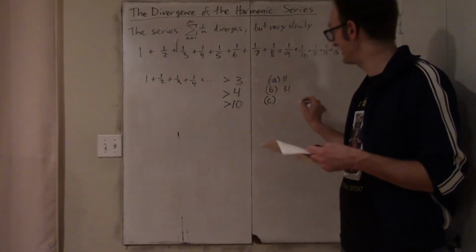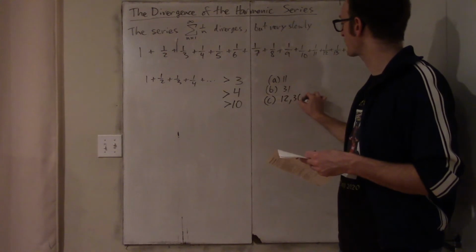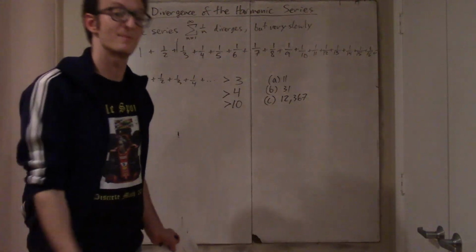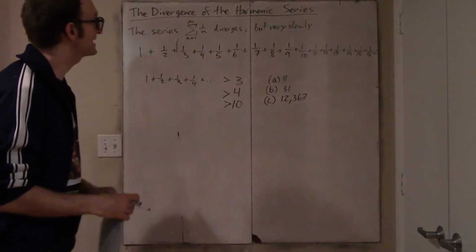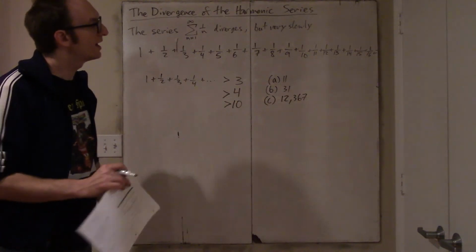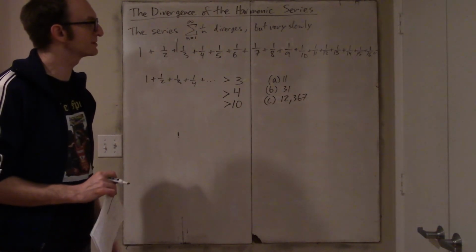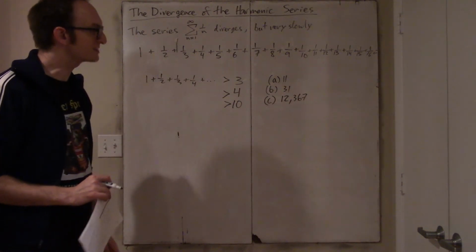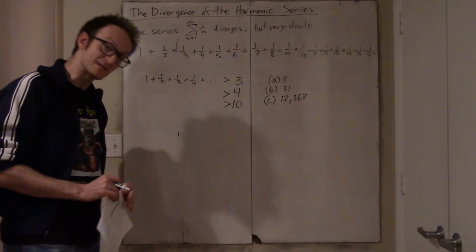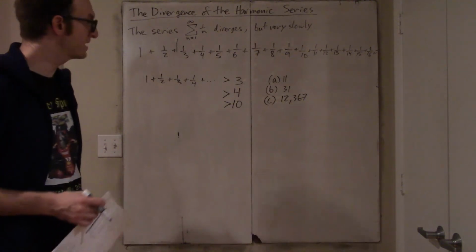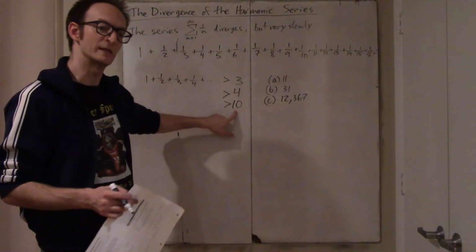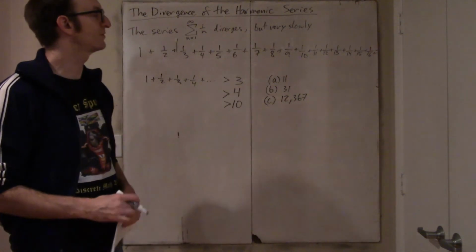And the answer is 12,367. That is, I think, kind of mind-boggling. I need to add up 12,367 of these reciprocals of the natural numbers just for the sum to be 10. And yet, though this series grows very, very slowly, it does in fact go off to infinity.